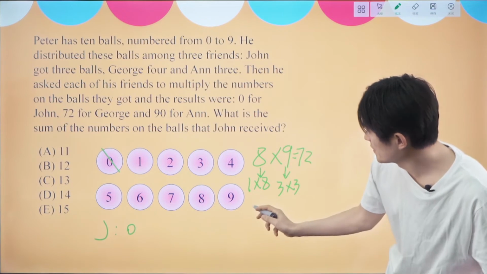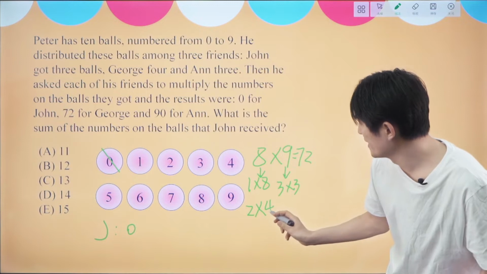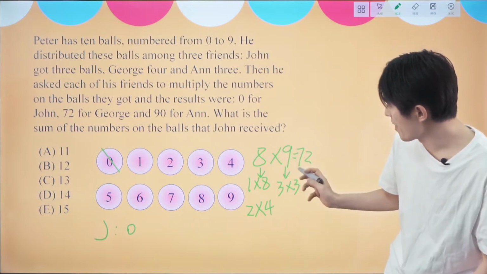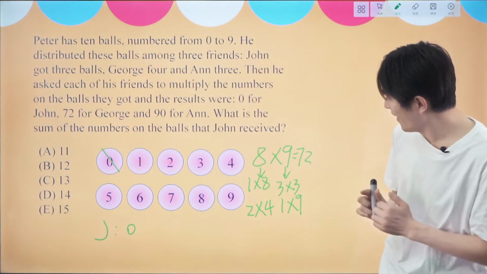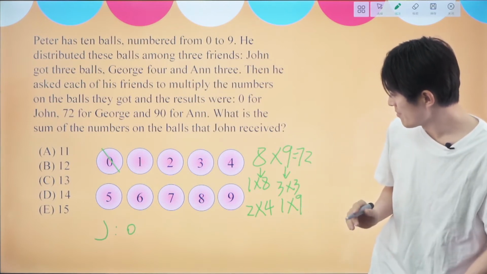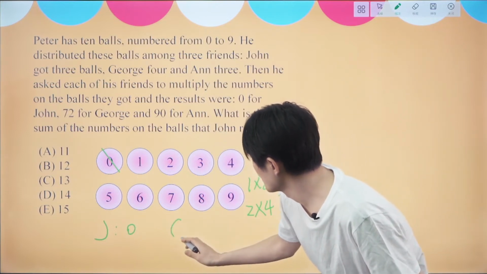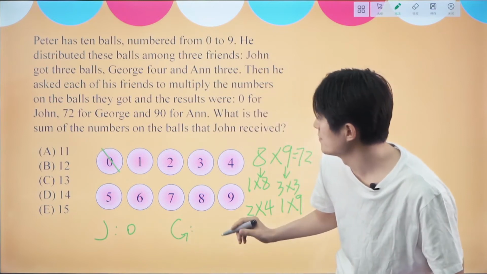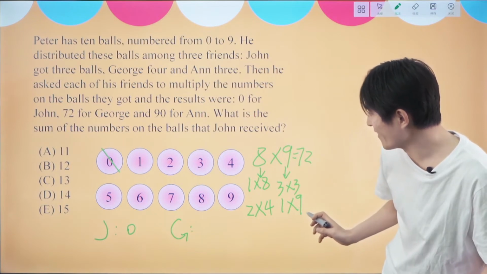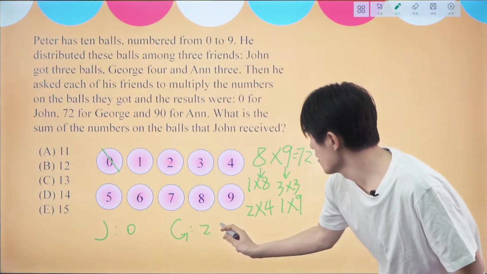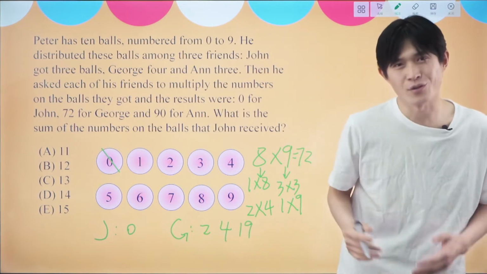So we try this. 2 times 4 is 8, and then 1 times 9 is 9. So this means that George will have 2, 4, 1, 9. Those 4 numbers.